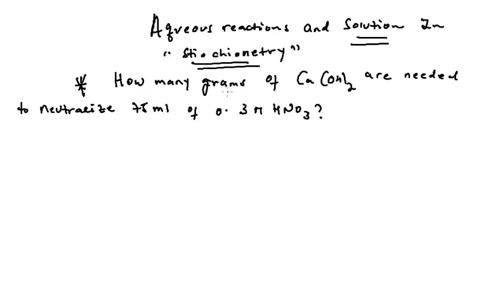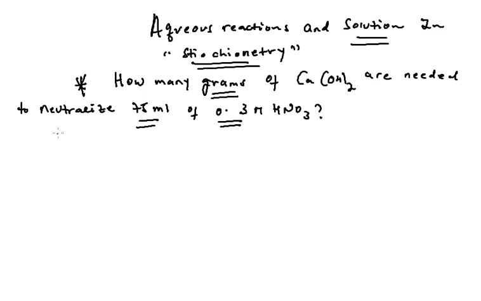You are asked to calculate the amount in terms of grams, and we are given volume and concentration. From these values we are going to calculate the grams of calcium hydroxide needed to neutralize 75 milliliter of 0.3 molarity of nitric acid.